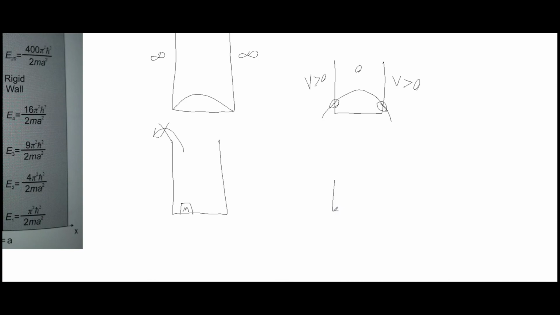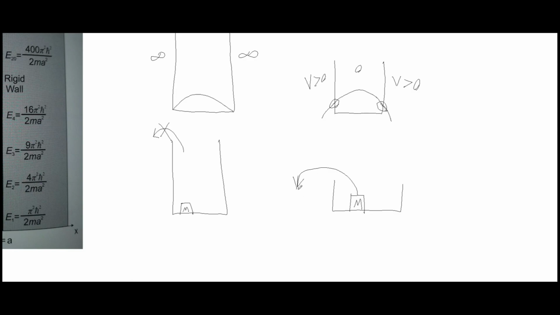Whereas if it's finite and we have a mass in here, we can give it some energy that will actually allow it to come outside. This analogy is not perfect because this is a probability distribution rather than some classical object coming outside of a box.